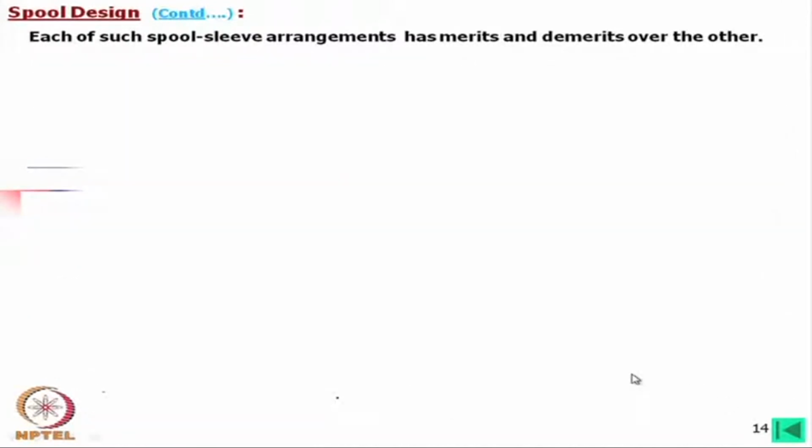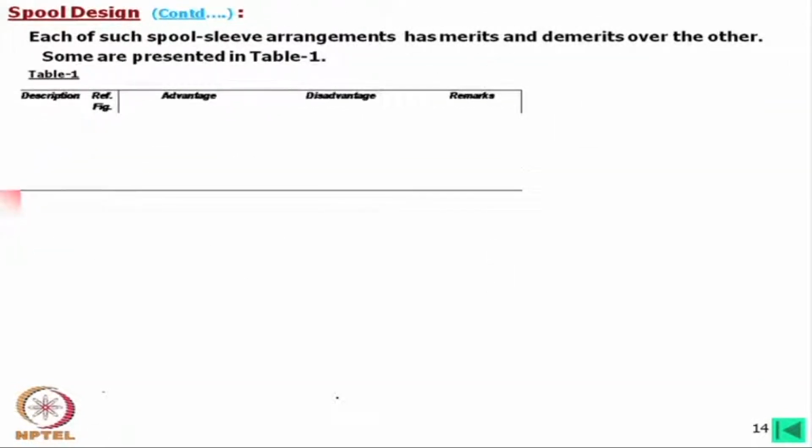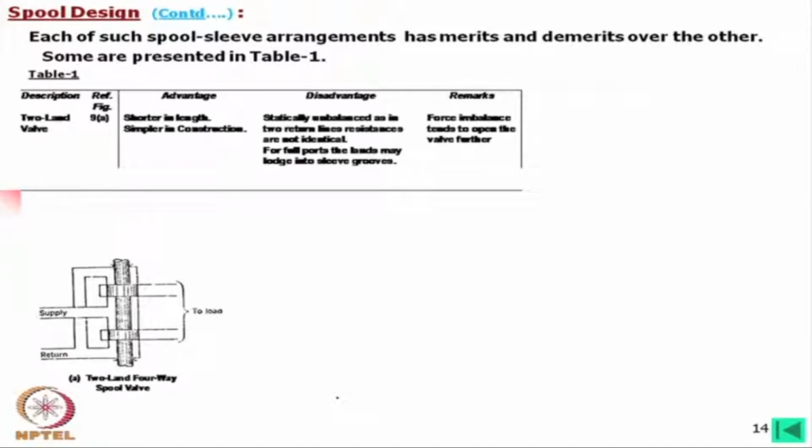Each of such spool sleeve arrangements has merits and demerits over the other. Now, if we look into such merits and demerits, first of all, if we consider the 2-land valve, that is 2-land 4-way, this is shorter in length, simpler in construction, statically unbalanced, as in the 2 return lines resistances are not identical.